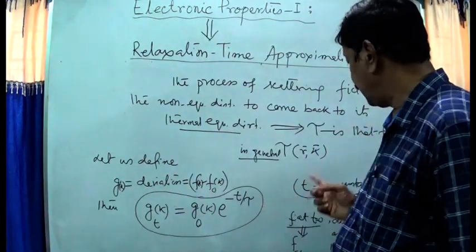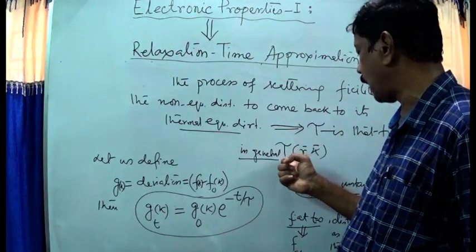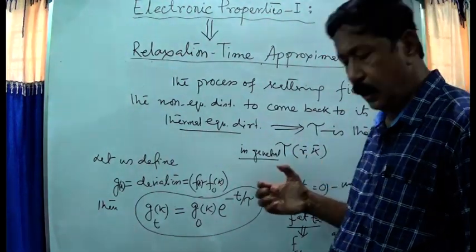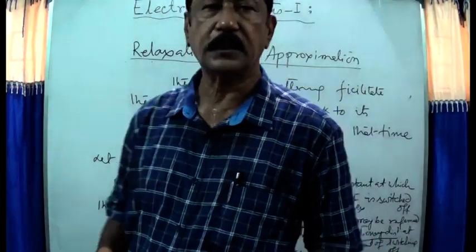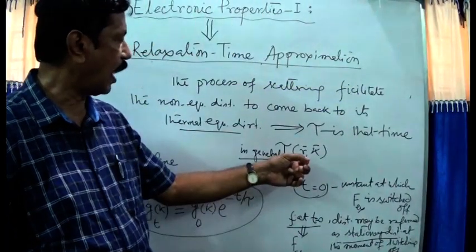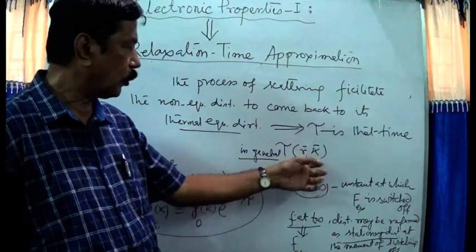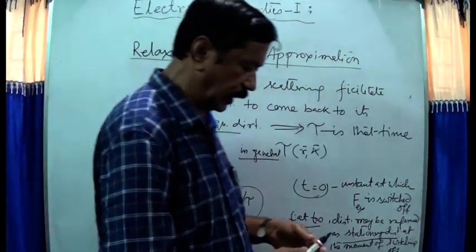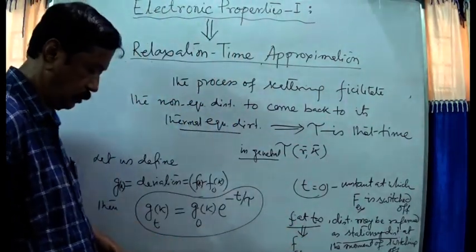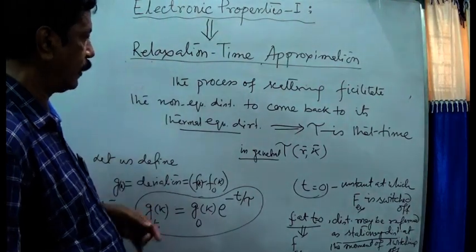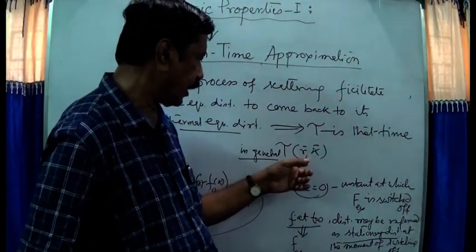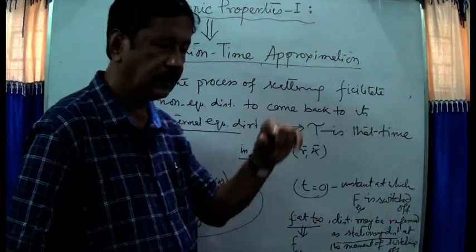If it is inhomogeneous, then this tau must depend on R. If it is homogeneous, then the dependence on R will not be there. So in general, the characteristic time, which is called the relaxation time, is a function of both R and K.